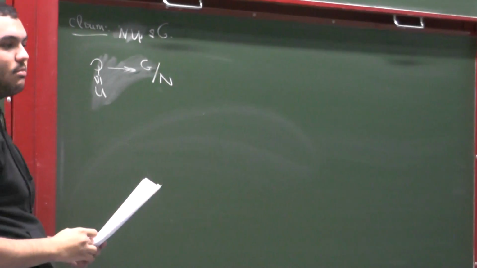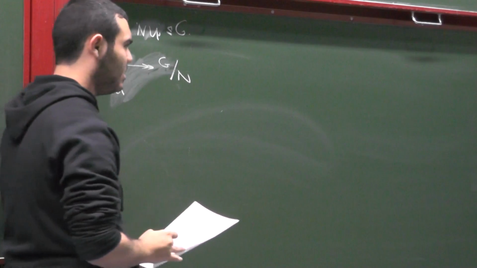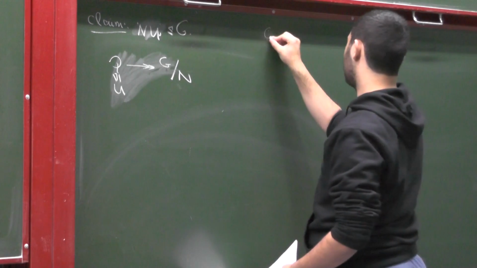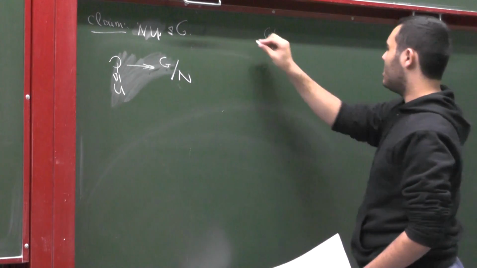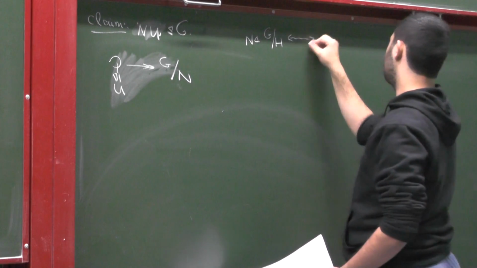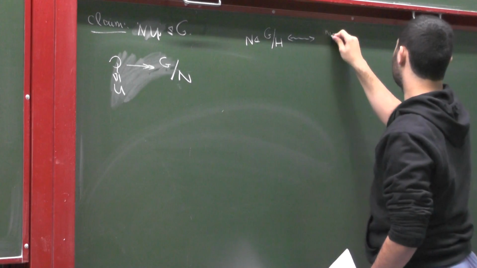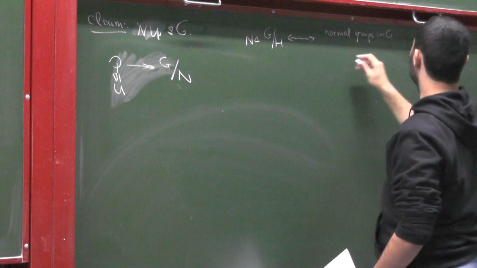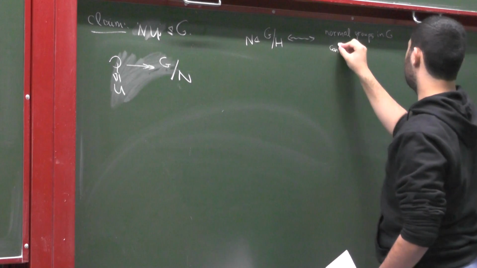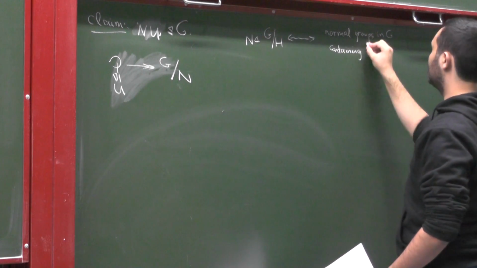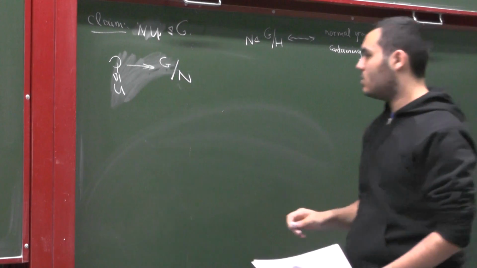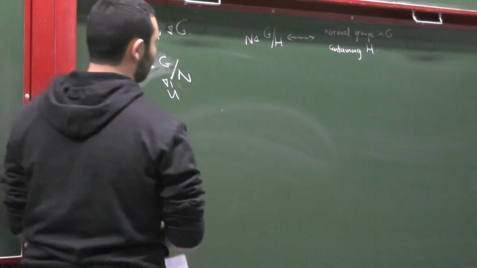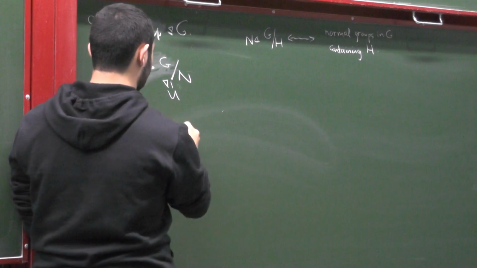But now I pull out of my sleeve the fourth isomorphism theorem, or the correspondence theorem, something like that: normal subgroups of G mod H are in one-to-one correspondence with normal subgroups in G containing H. So if you look in here, then the corresponding normal subgroup of G is NU.